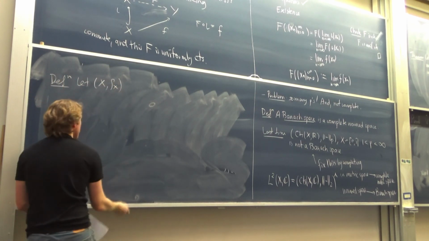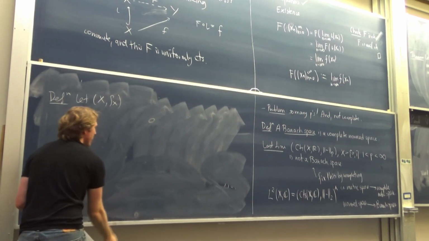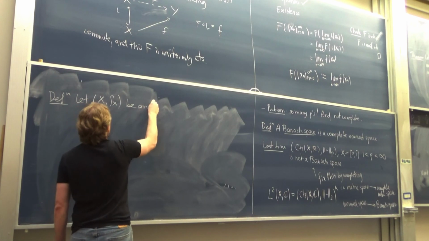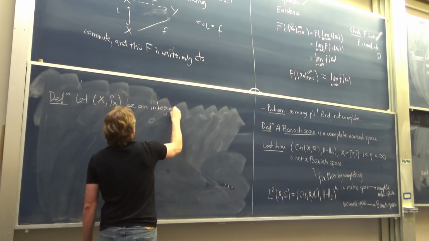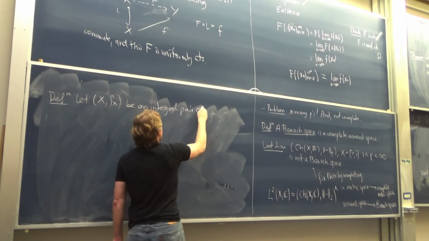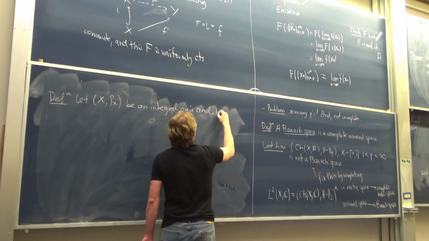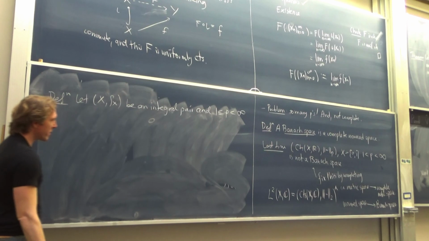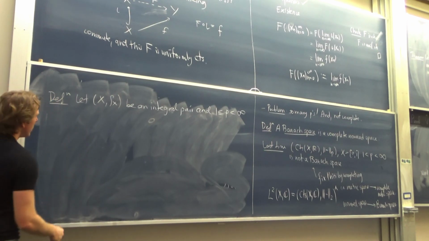So remember what all this was for. We have a particular space we want to complete in mind. So take an integral pair and a p. There's no point doing this for p equals infinity because that's already complete. You won't change the space.